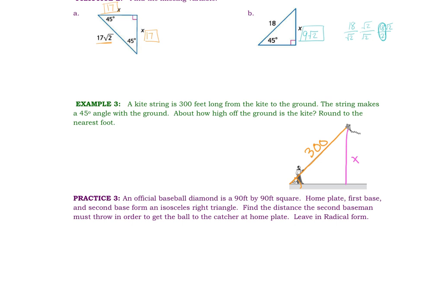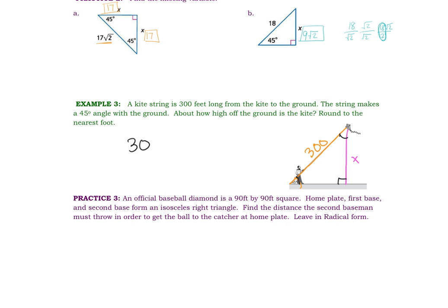Okay, so if we see it, this is a 45, 45, 90 right triangle, and my hypotenuse is 300, right? So I'm dividing by 2 and putting a radical 2 next to it, because I'm working from the hypotenuse back to a leg.